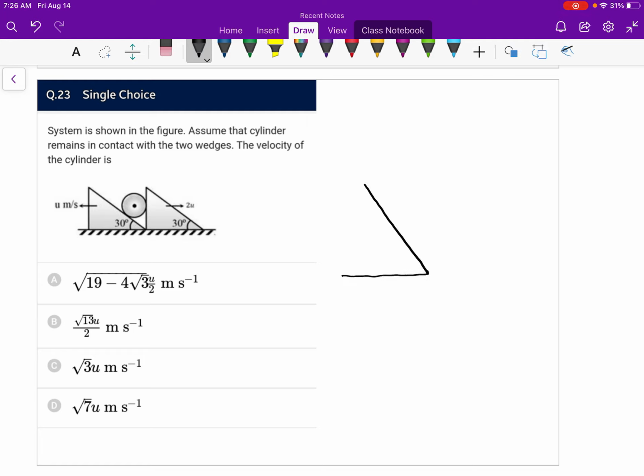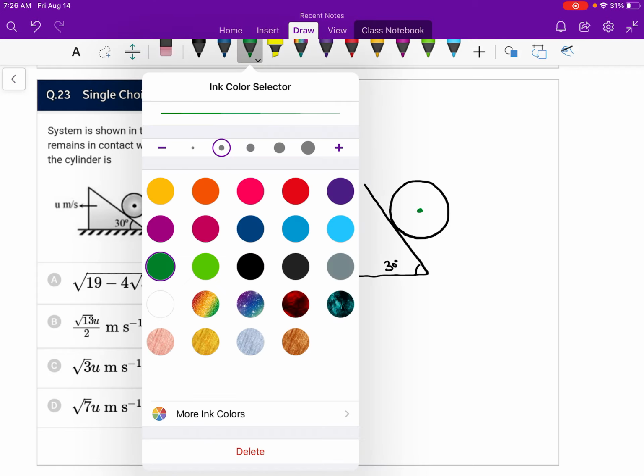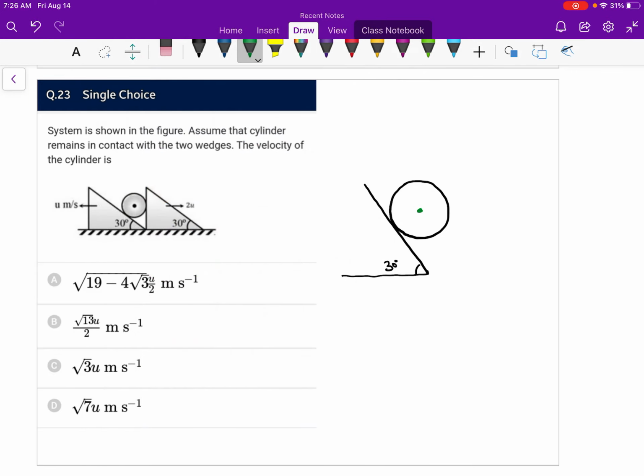Okay, this is the left wedge incline. Okay, this is the cylinder. So let's say it has velocity ux in this direction and uy in this direction.